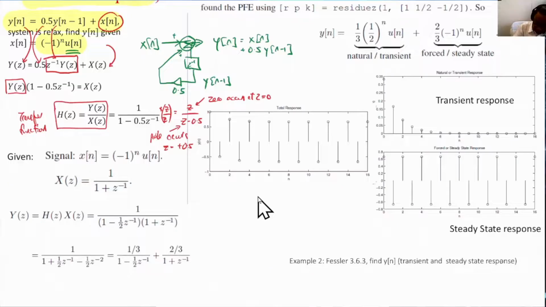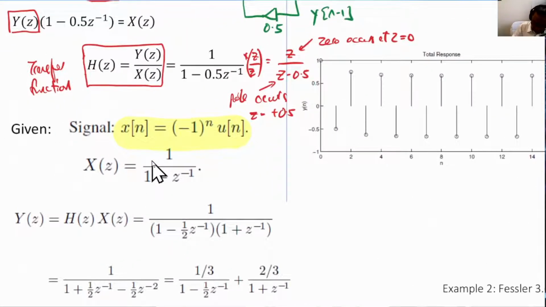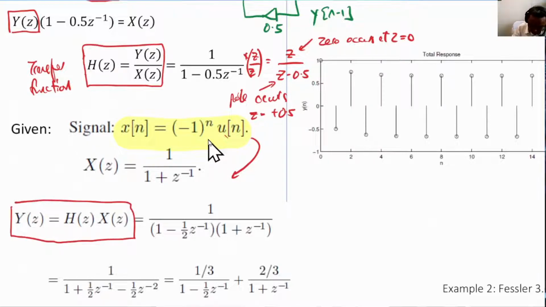Let's continue. Now we are given that x[n] is minus 1 to the power of n, u[n]. Then using the lookup table, this is the Z-Transform of the signal. And we use the fact that convolution in time is equal to multiplication of the transfer function in the z domain with the input in the z domain.